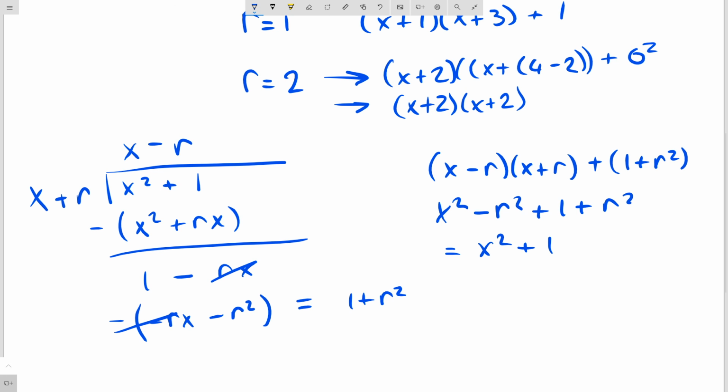So that goes to show that there is no linear factorization in this form that divides x squared plus 1 in the real numbers, for, this is important, r in the real numbers.